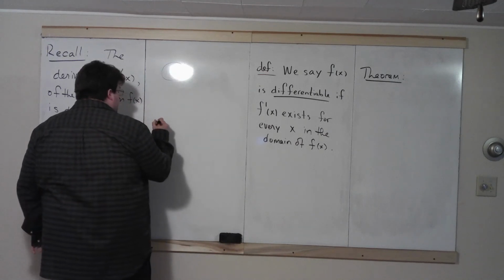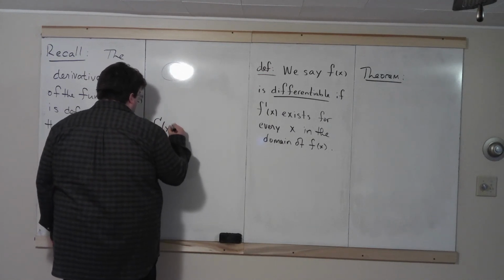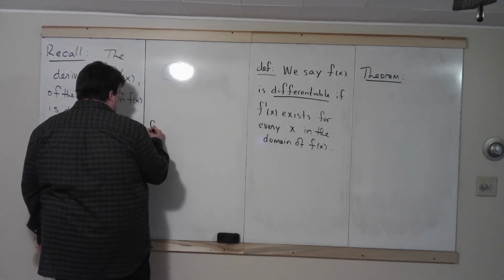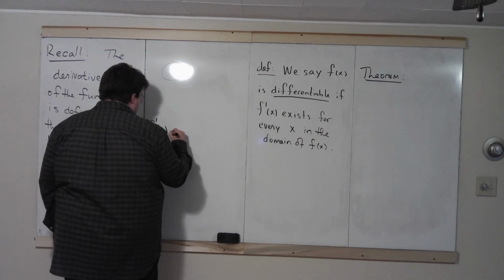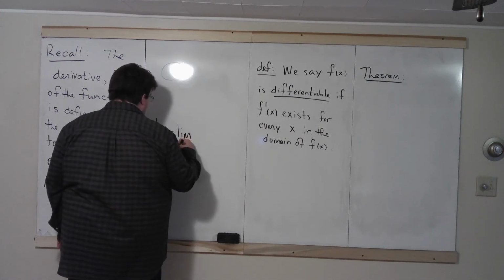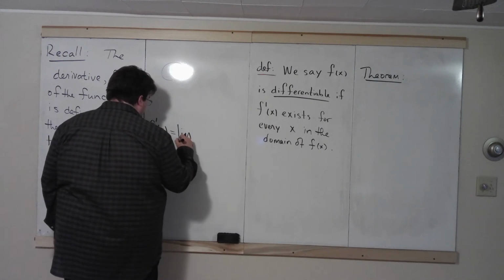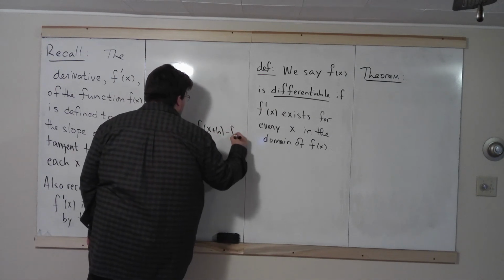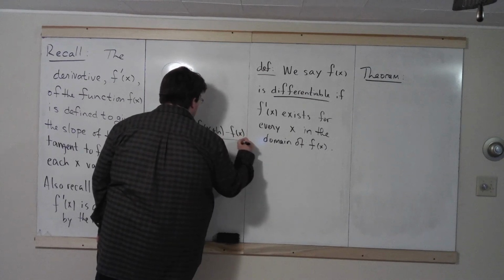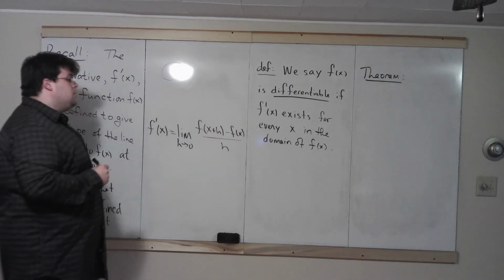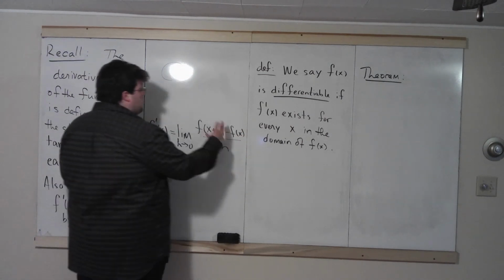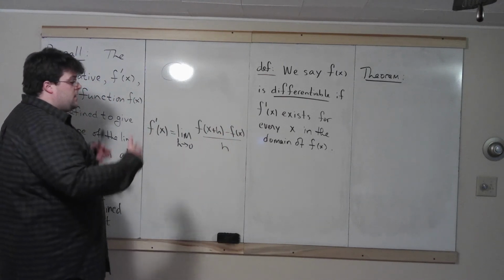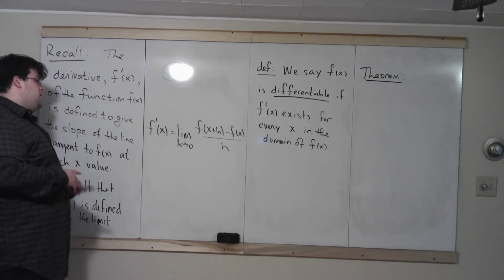But f prime of x was defined as the limit as h goes to 0. That's an h, a lowercase h, of f of x plus h minus f of x all over h. Remember, to get this, we took slopes of secant lines, but then used a limit to let the secant line approach a tangent line.